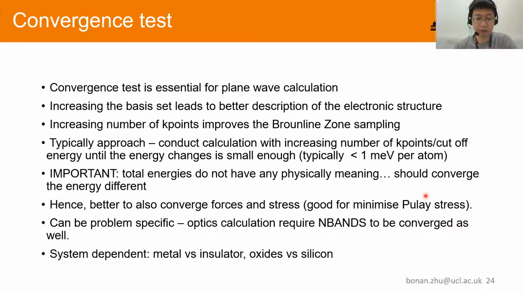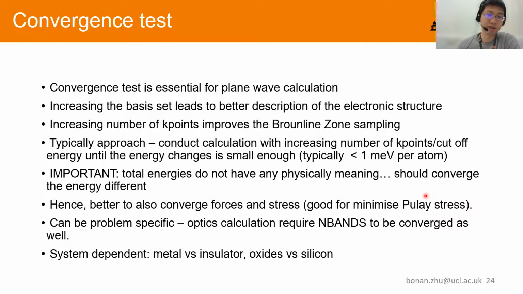So another very important topic for plane wave DFT is the convergence test. This is because the plane wave basis set needs to be tested, so that it gives a good description of the electronic structure.